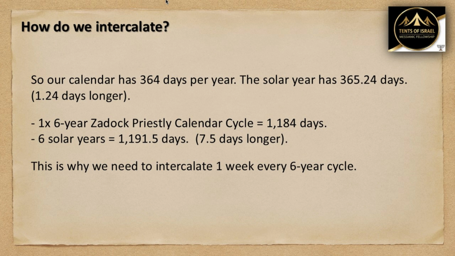A 6-year cycle has 1,184 days, and the solar years, when we come to 6 solar years, comes to 1,191.5 days, right? Which is 7.5 days longer. Everyone with me so far? This is why we need to intercalate 1 week every 6-year cycle.